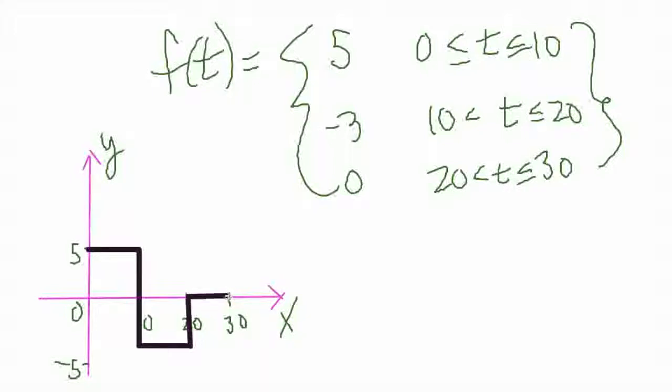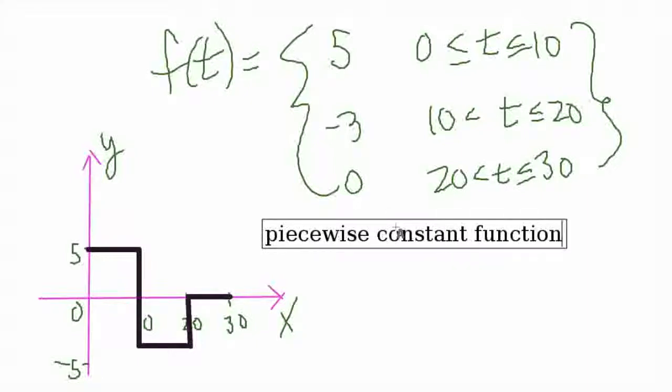So the graph would look something like this. When you have a piecewise defined function made up of constant pieces, you can refer to this as a piecewise constant function, for obvious reasons.